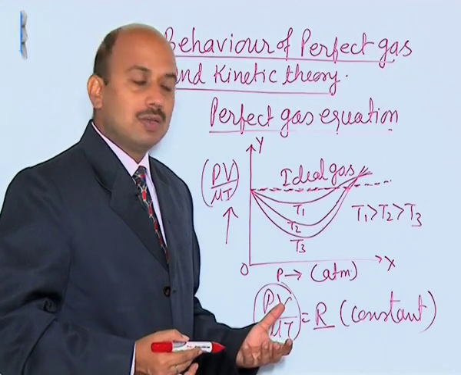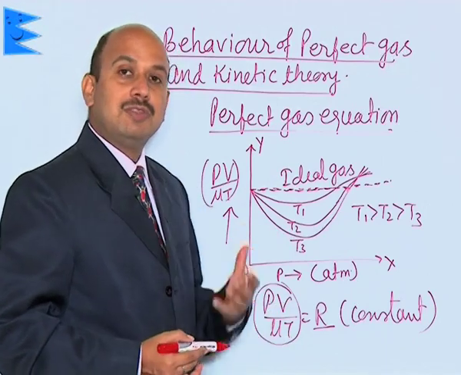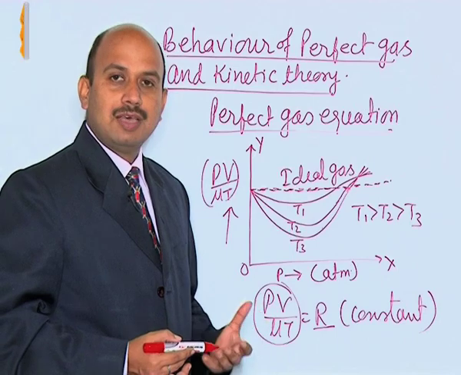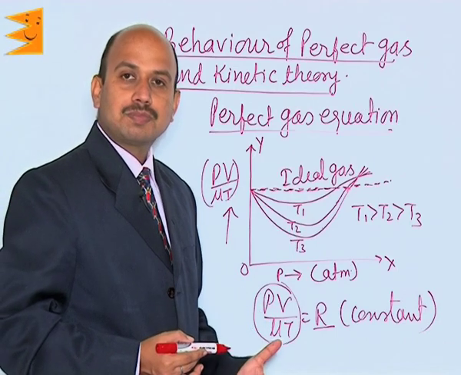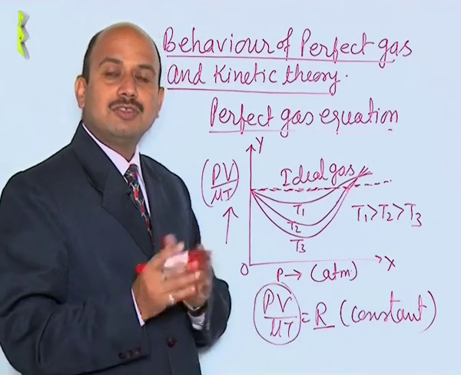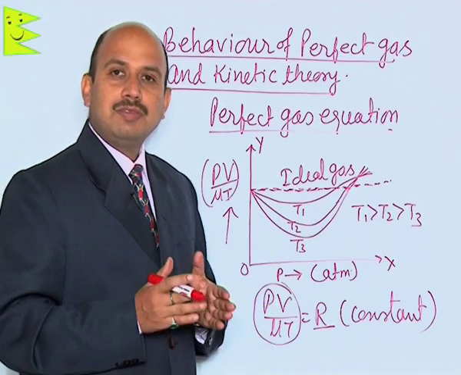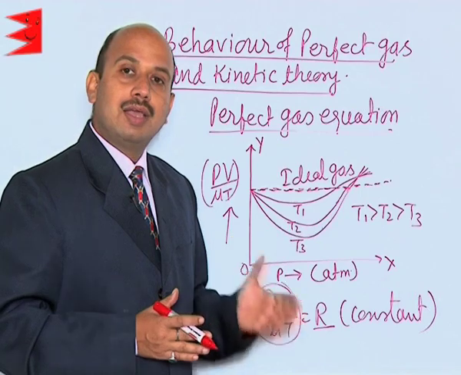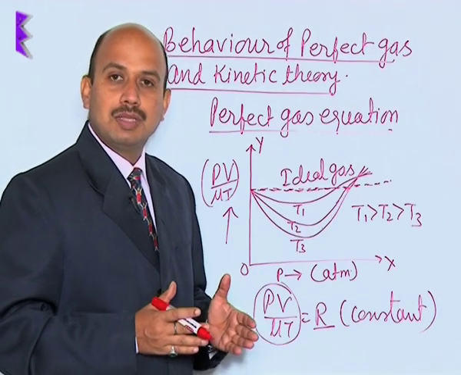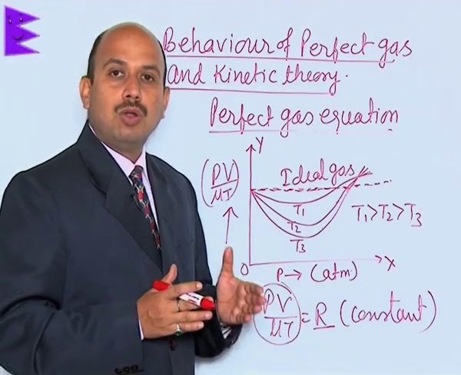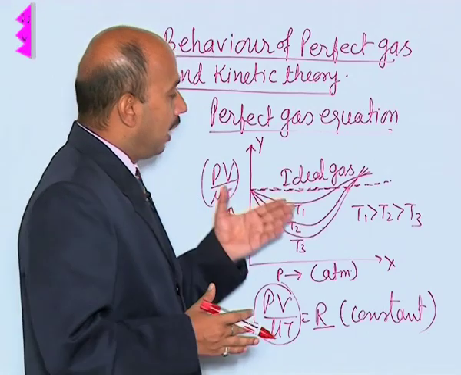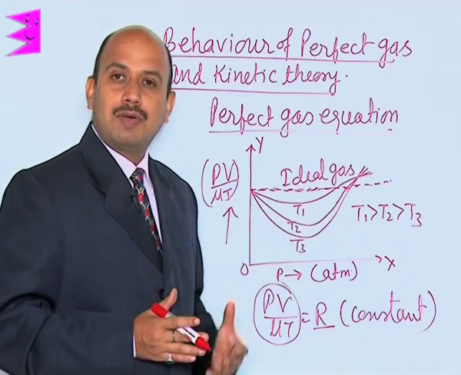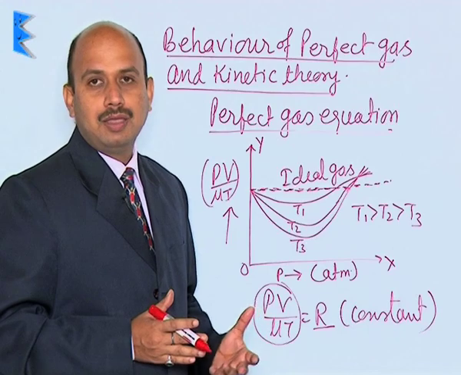Because in this condition, gas molecules are very far apart and there is no interaction between the molecules. It means the interaction between the molecules is equal to 0. That is the condition for an ideal gas. There should not be any interaction between the molecules. So all real gases approach the behavior of an ideal gas at low pressure and high temperature.